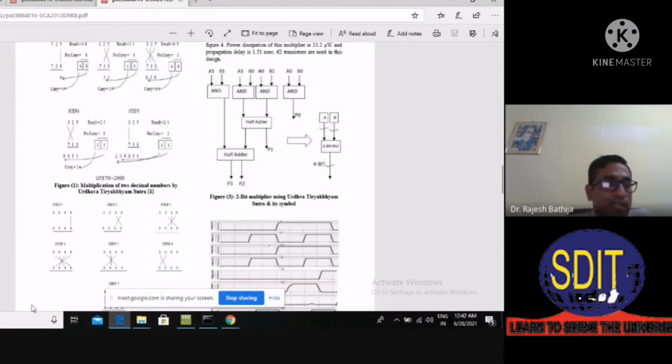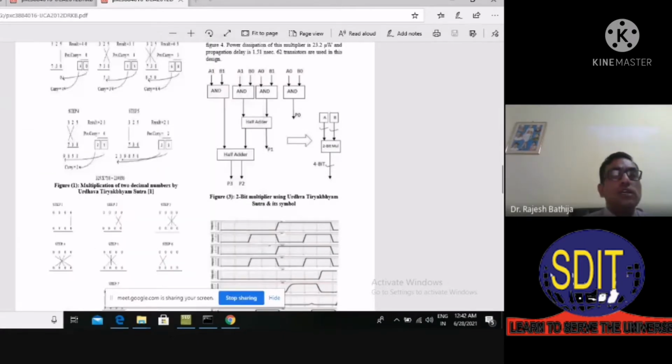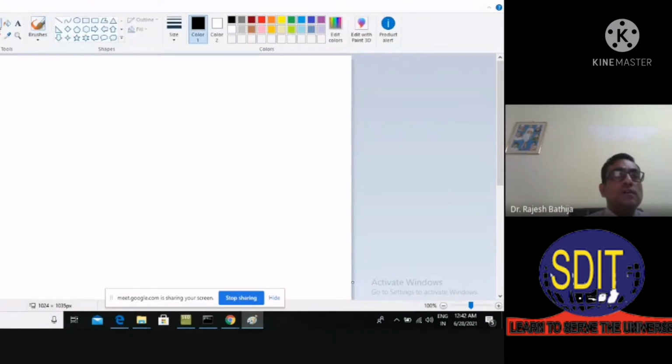Just a second, I have to open Paint to show you how it works. Suppose, for example, I want to multiply 23 by 46. These are 2-digit numbers in decimal, and similarly we can do this in digital. In the conventional method, everyone knows you write 23 below 46.